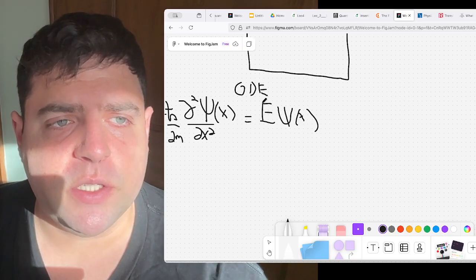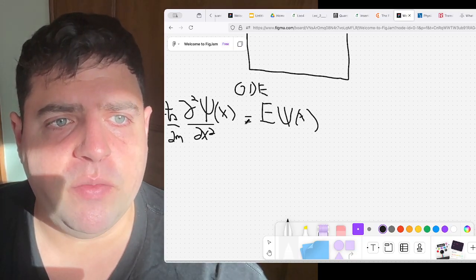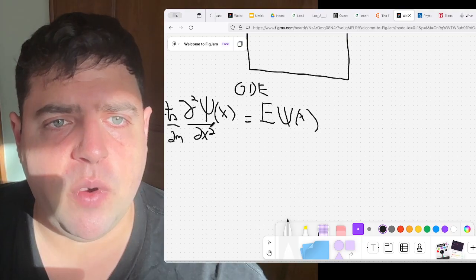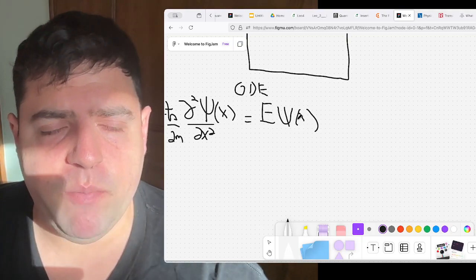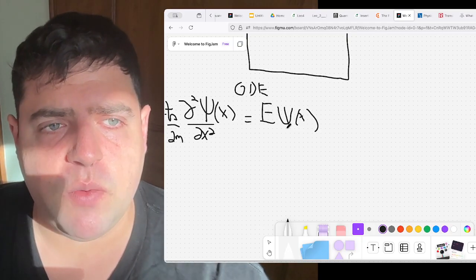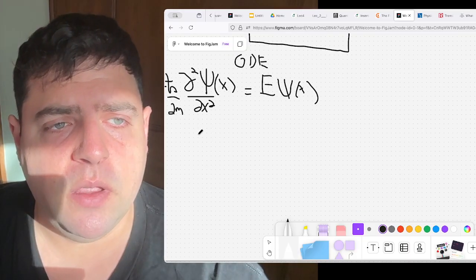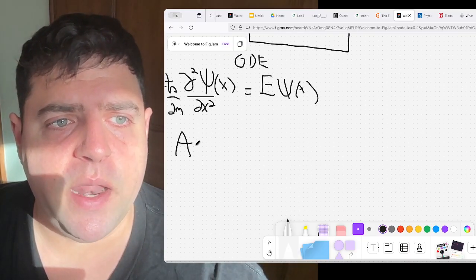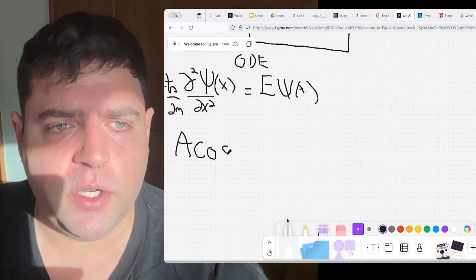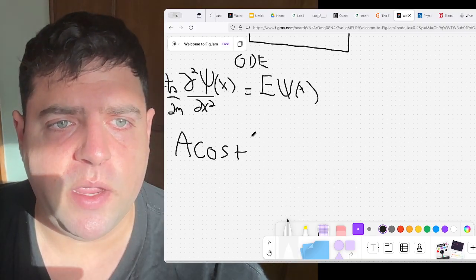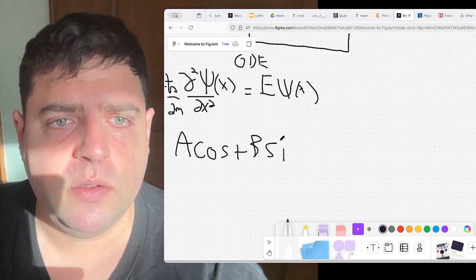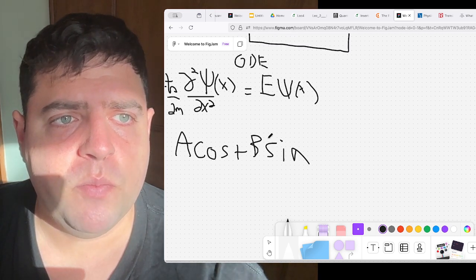And we know the solution is a sinusoid, right? Because it's a negative. So you take the derivative twice, and you get out the function again, but with a negative. What function does that? We all know it and love it. It's a sinusoid. So the general sinusoidal picture is going to be just A cosine plus B sine, right? So that's the solution to that.